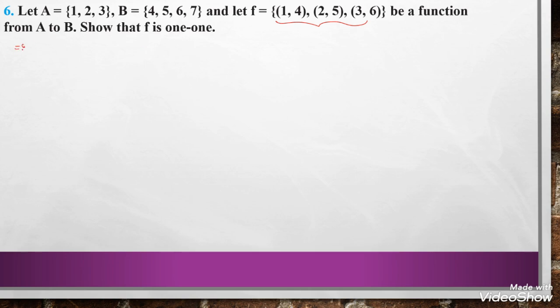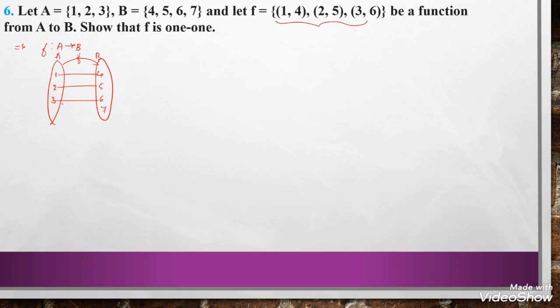Here the function f is from A to B, so the ray diagram represents this. A is related to B, there exists a function f. Set A contains the elements 1, 2, 3, and B contains 4, 5, 6, 7. So 1 is related to 4, 2 is related to 5, 3 is related to 6.